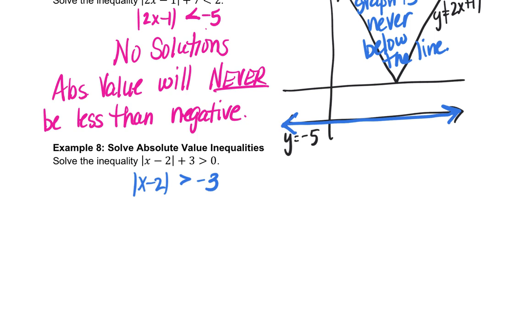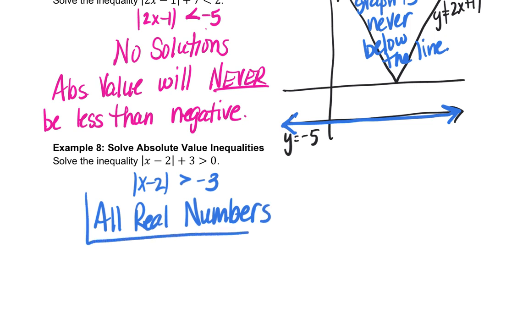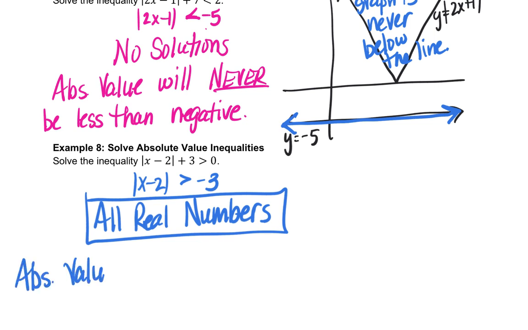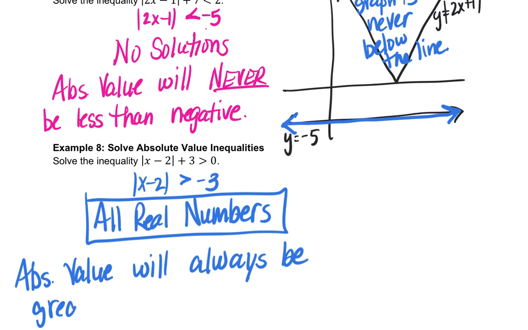So this is all real numbers. So absolute value will always be greater than a negative.